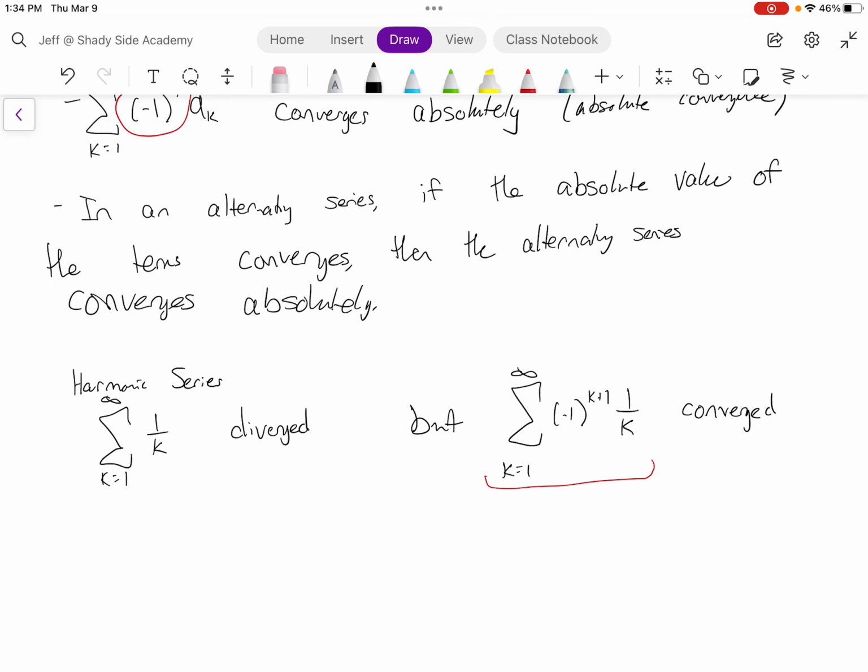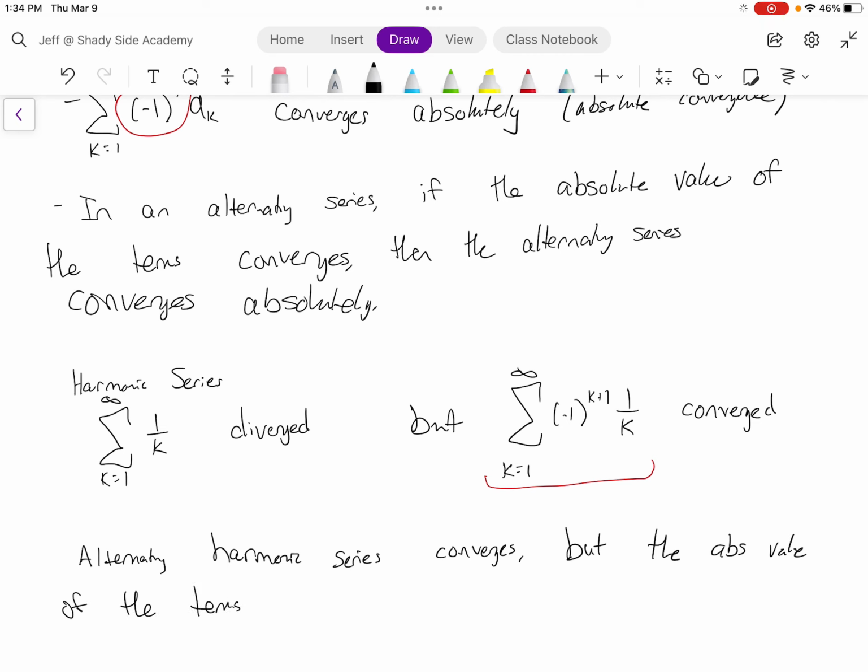So the alternating harmonic series converges, but the absolute value of the terms, and that's the regular harmonic series, diverges.